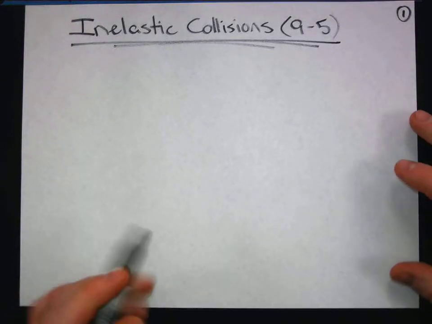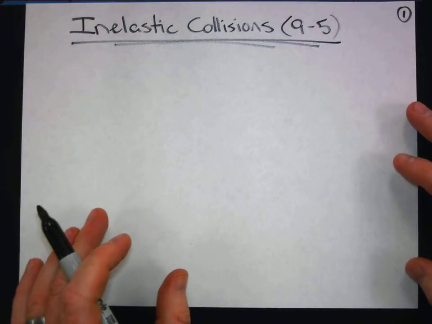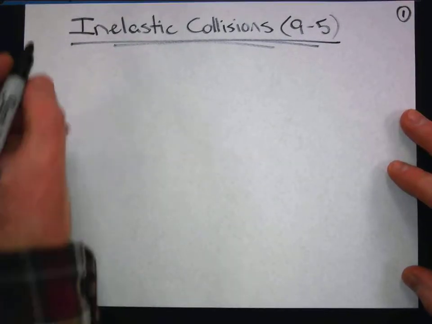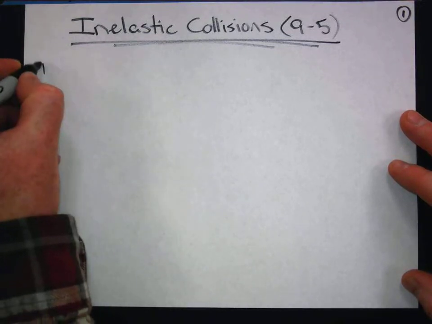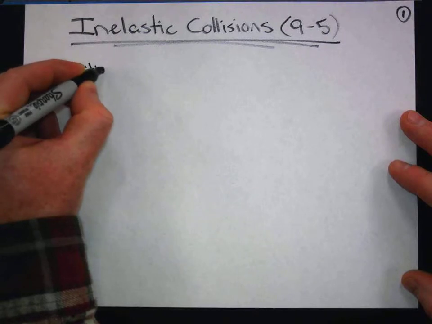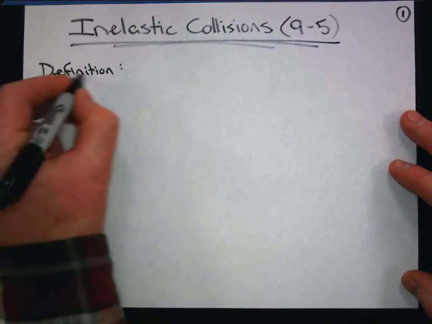In this video, we're going to be looking at inelastic collisions. Of course, I got the title here. So first, let's get to a definition. Now, it is a collision.